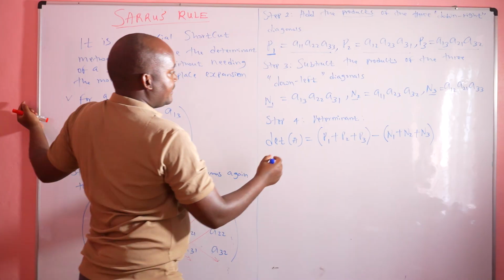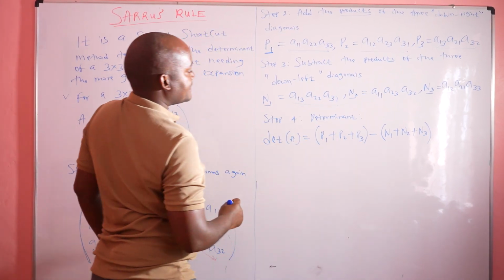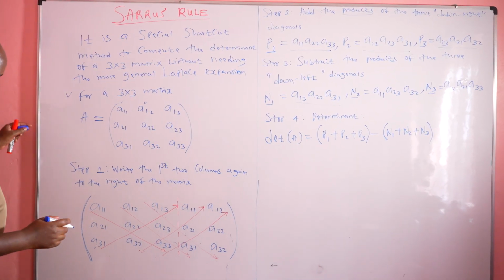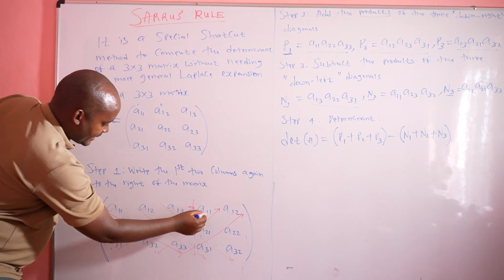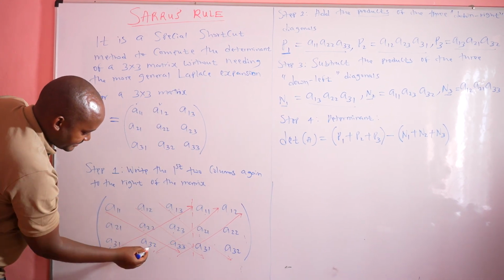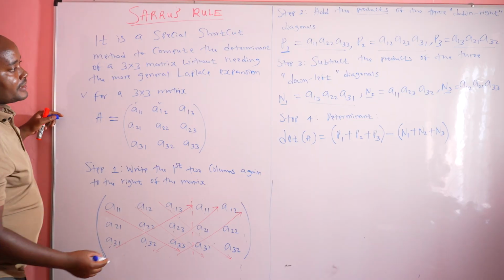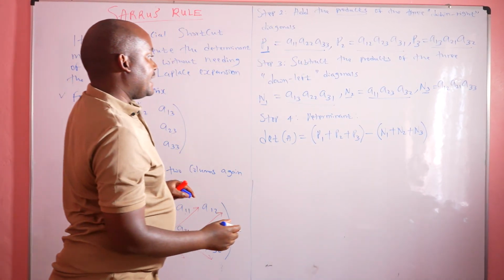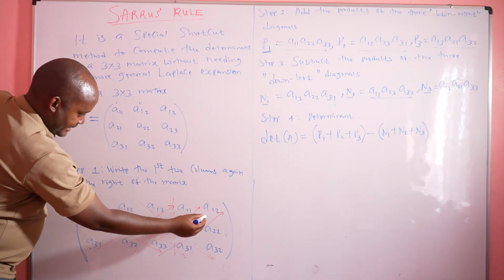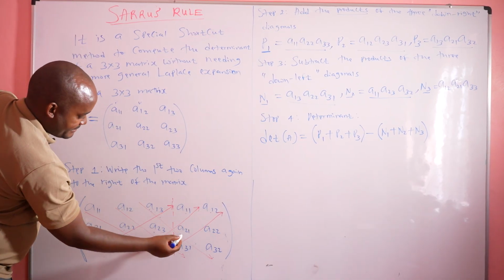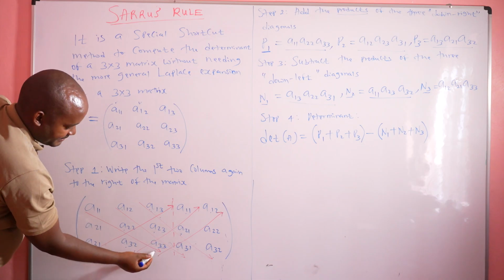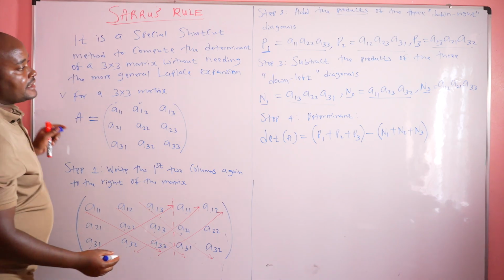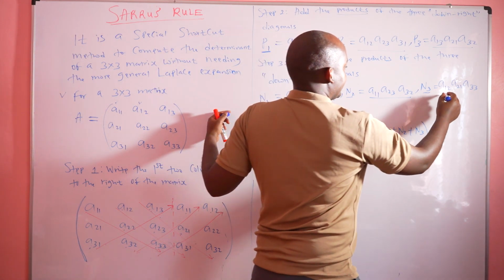That is our N1. And you can see it is as follows there. N2 will be A11 times A23 times A32. And that is exactly what it is here. And N3 is A12 multiplied by A21 multiplied by A33. That is what we have exactly here.